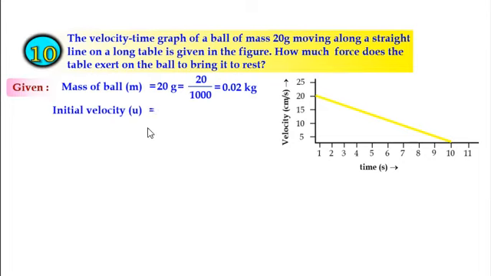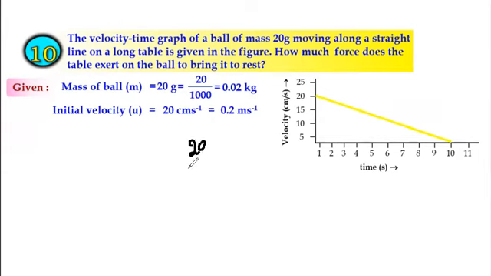U is equal to 20 centimeter per second. Convert into meter per second. Centimeter per second to meter per second is divided by 100. So, 0.2 meter per second. If you write 20 by 100, 0 gets cancelled, 2 by 10 means 0.2.